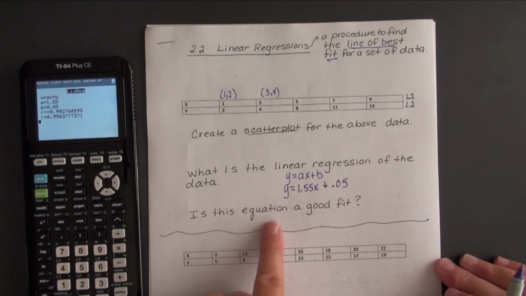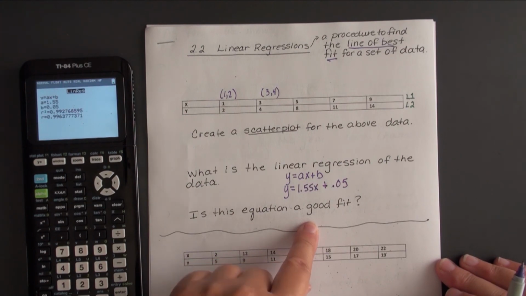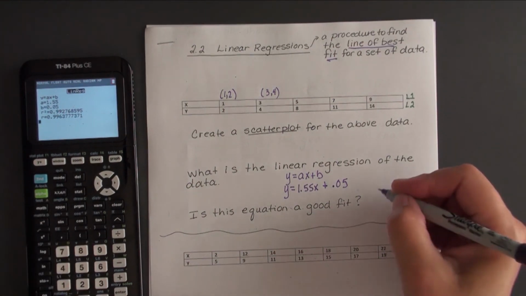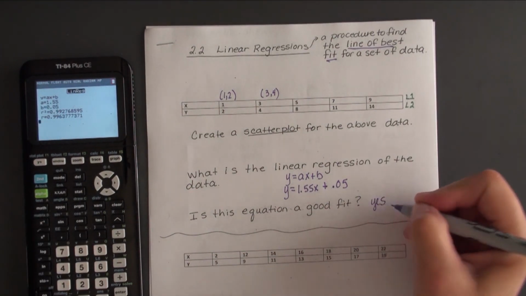And then the question is, is this a good fit? Well, if we look at R, the closer that number is to a 1 or a -1, the better fit that is. So it would be a perfect fit if R equals 1 or a -1. So we're very, very close. R equals 0.996. So yes, we would say this is a good fit.